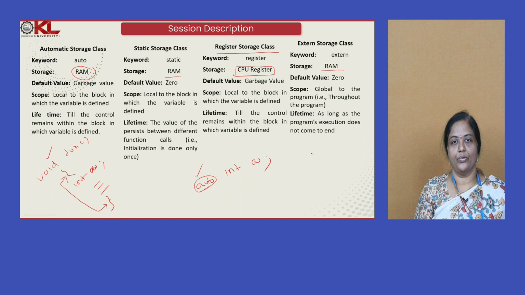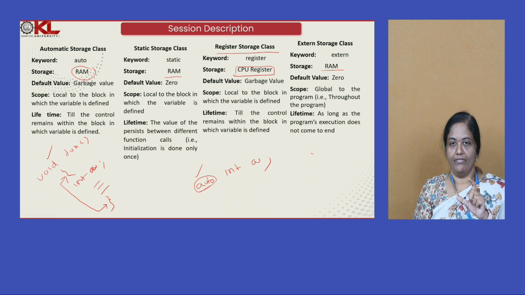So accessing CPU registers is faster when compared with RAM access. But it is suggested not to use it always unless your application demands. Why? Because CPU registers are limited and costly.